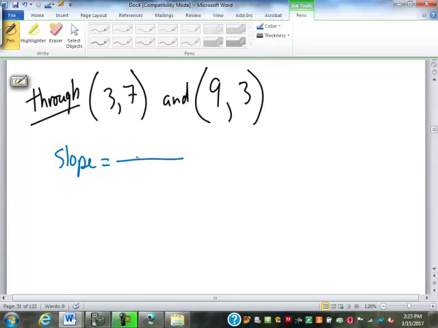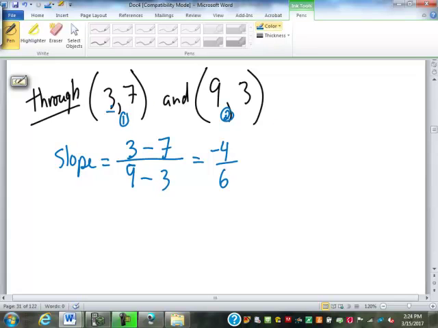So the slope of this, what's going to go in here first in our formula? Perfect. Point 2, the y-coordinate is 3, minus, what's going to go in here next? 7. Perfect. What is 3 minus 7? -4. Perfect. What's going to go down here? 9 minus this 3.